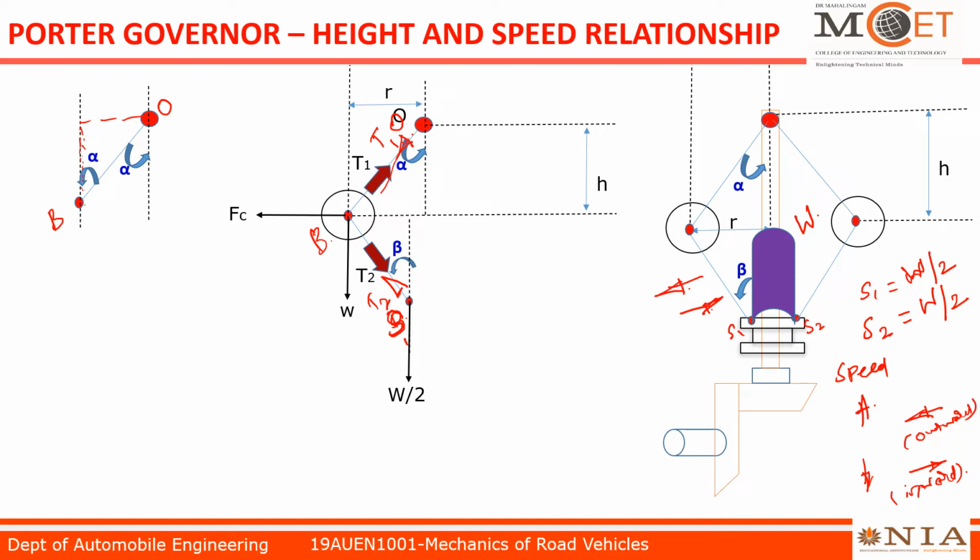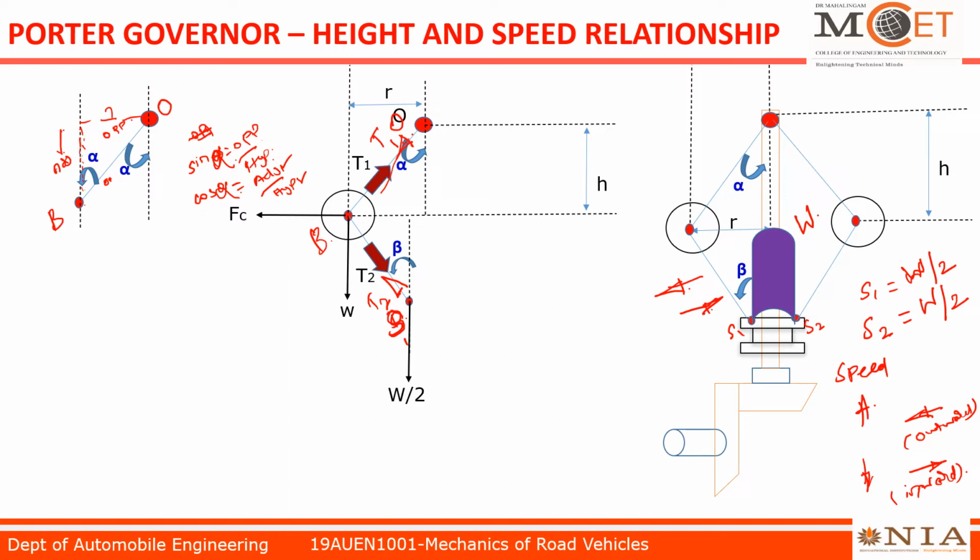This becomes the opposite side, it becomes the adjacent side. Sine theta equals opposite divided by hypotenuse. Cos theta equals adjacent divided by hypotenuse. You know that very well. Here instead of theta we have alpha. Opposite side is this one. Hypotenuse is here. Adjacent side is this.